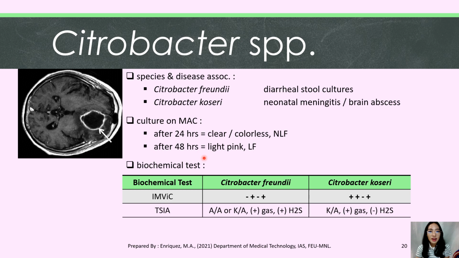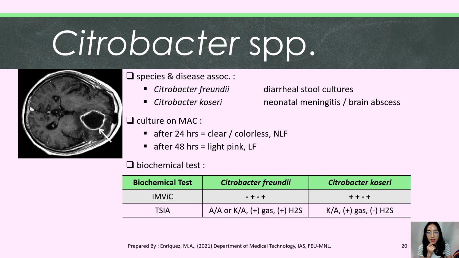Okay? So Citrobacter colonies can now be seen as light pink lactose fermenting colonies after 48 hours of incubation. And this is attributed to the fact that, yun nga po, late lactose fermenter sila. Alright? So, dito po pala sa genus na to, kahit hindi tayo mag-ONPG test, i-extend nyo lang yung incubation period nila, malalaman na po natin na sila ay late lactose fermenters.